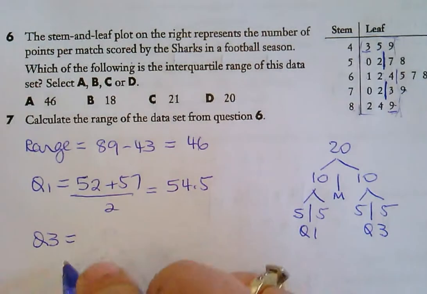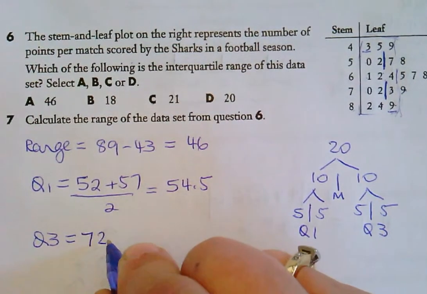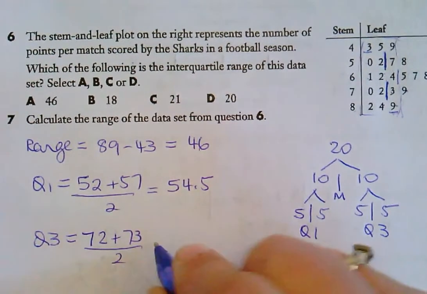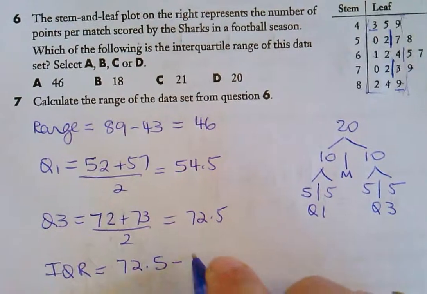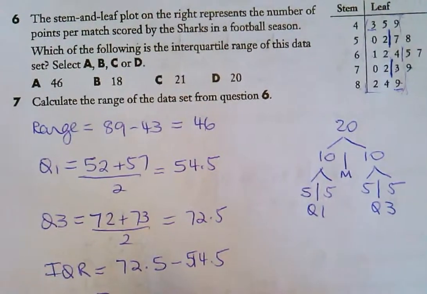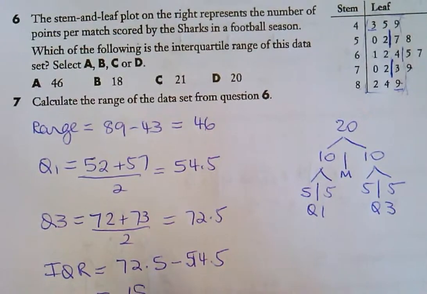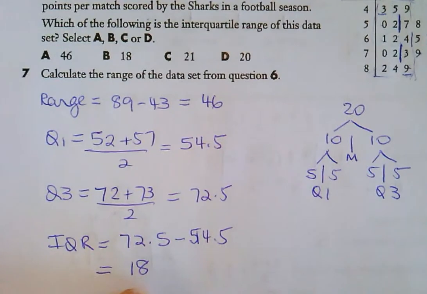All right, so Q3 is the average of 72 and 73. I'm happy for you just to write 72.5. So therefore, the interquartile range is 72.5 minus 54.5, which is 18. So what does the interquartile range mean?